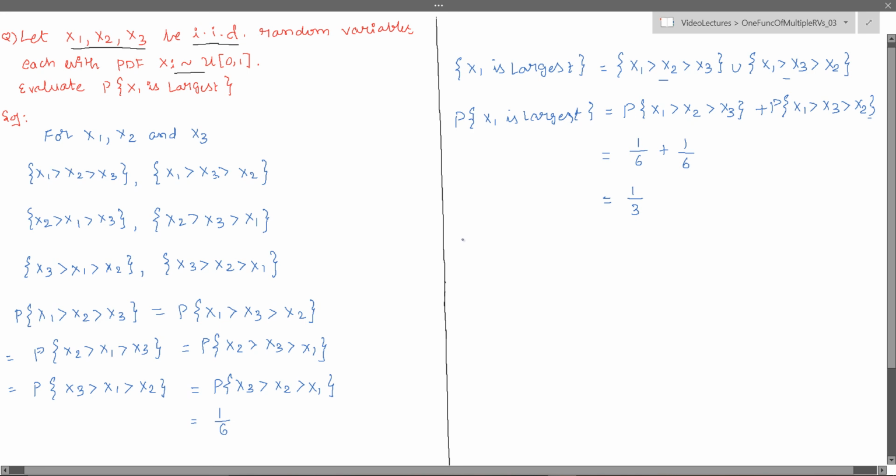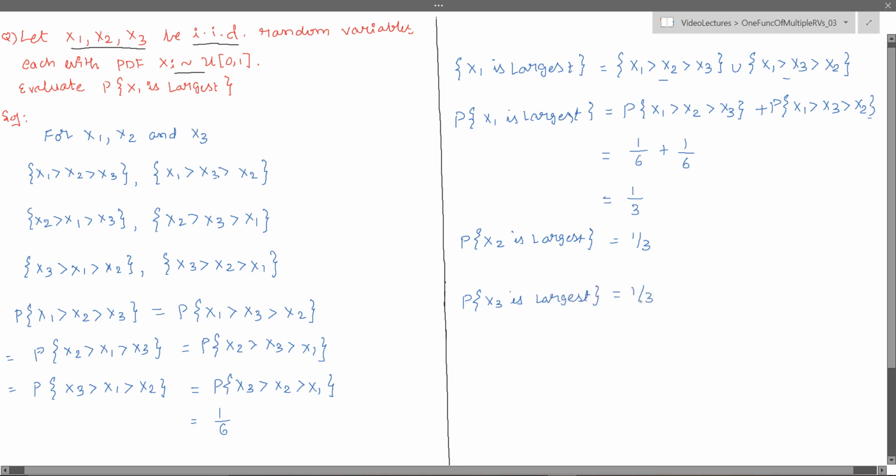And because all these events are equally likely, we can say that the probability that x2 is largest is also 1 by 3, and the probability that x3 is largest is also 1 by 3.